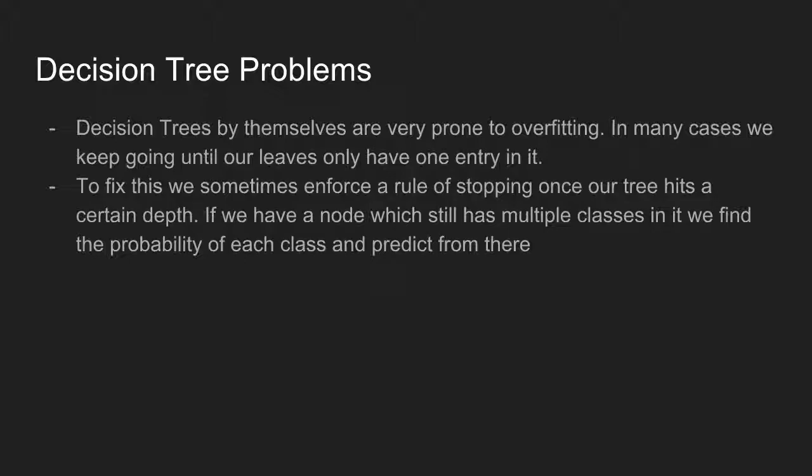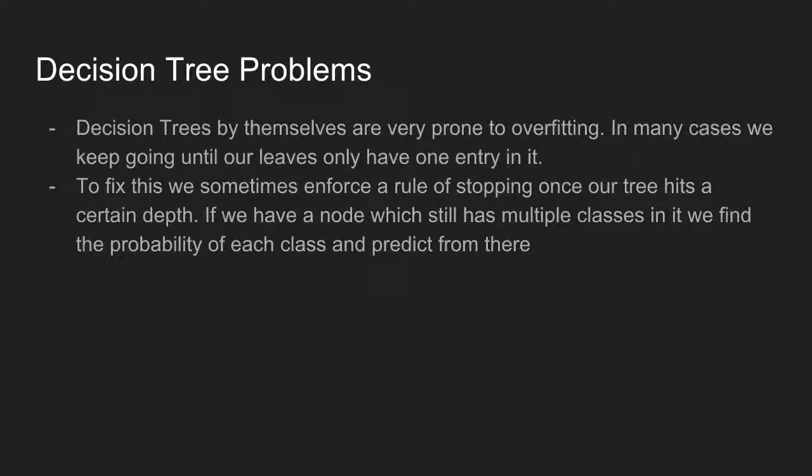There are a couple of different ways of stopping this, and one way is to force some stopping rules. For example, one thing we can do is limit the depth. Over here we have depth 1, here we have depth 2, and here we have depth 3.